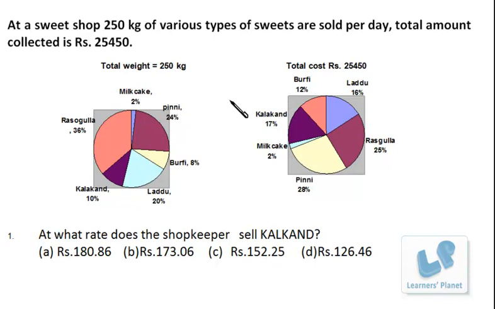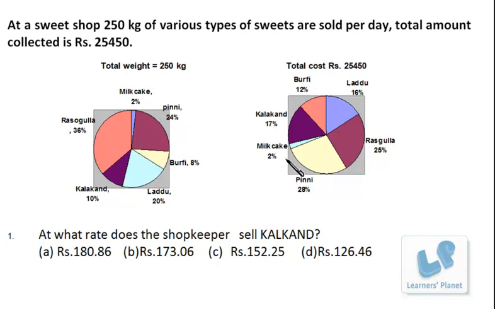Just as an example, out of the total weight 250 kilogram, milk cake was 2%. So what is 2% of 250 kilogram? That is 5 kilogram. And what is the cost contribution? That is not per kilogram, but in the total cost, what is the contribution of milk cake?